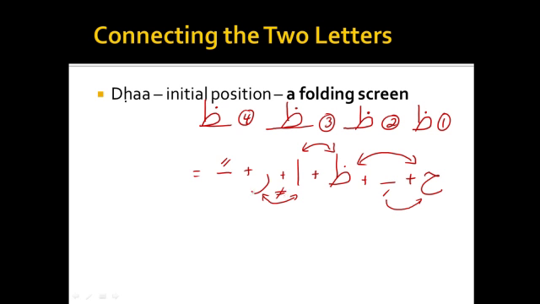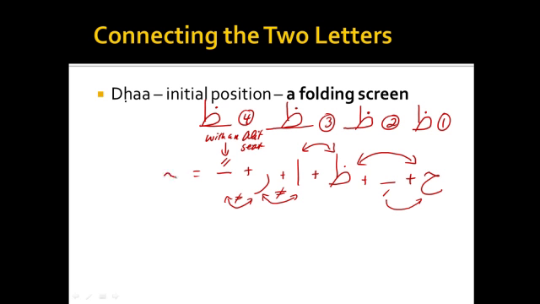And the ra doesn't connect to the fatha tanween because the ra doesn't connect to what comes after it. Now, this fatha tanween, it needs an alif seat, as we had discussed before when we talked about pronunciation. So this is actually going to take an alif. So we have to write this tanween with an alif seat.